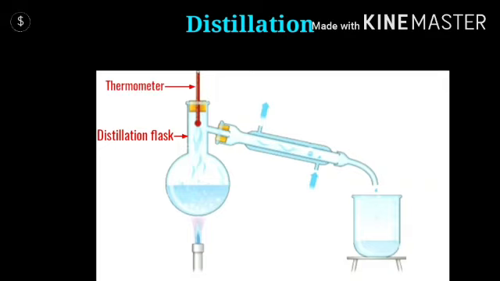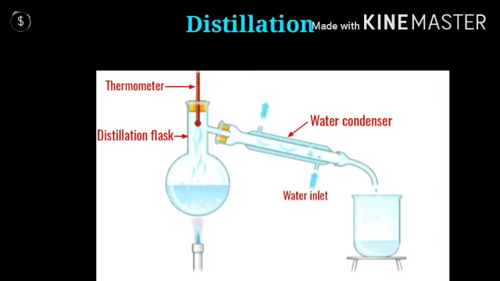Suppose we are separating here a mixture of acetone and water. We keep the mixture of acetone and water in the distillation flask as shown in the picture. Then we immerse a thermometer, which will show the boiling point of acetone and water, and we also connect the distillation flask to a water condenser.